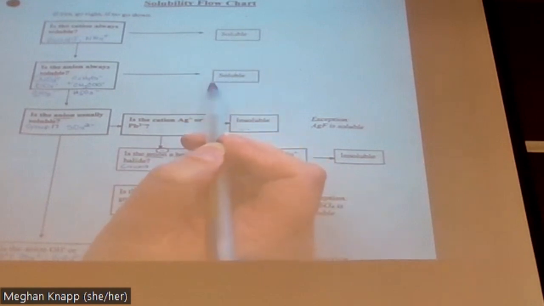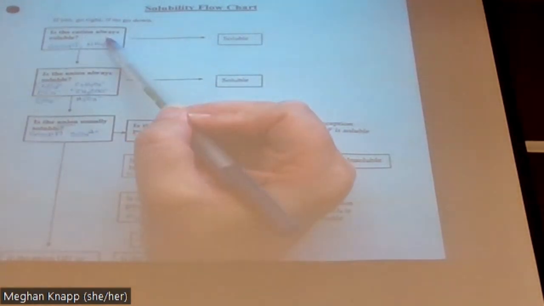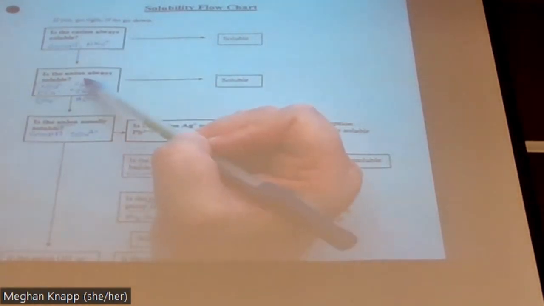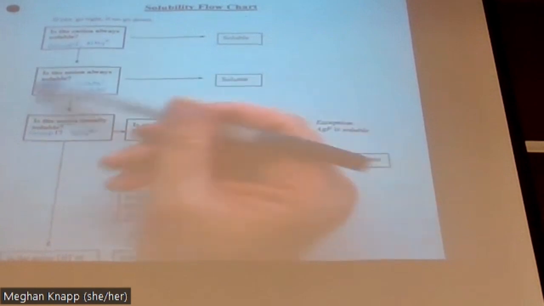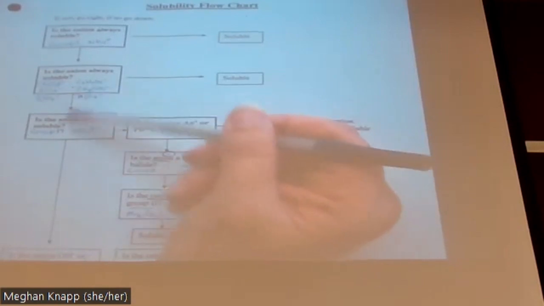Now the bottom one here, we said that's probably a solid. That's probably our precipitate. So barium phosphate. Again, the cation doesn't fit there. Now when we ask, is the anion always soluble? Well, is phosphate in this group? No. So I'm going to go down here.